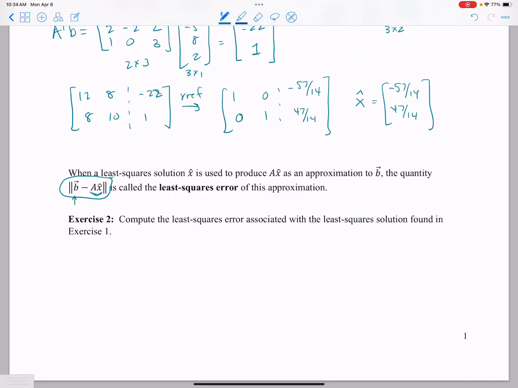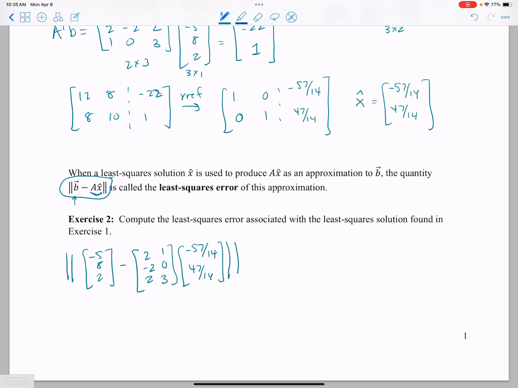Exercise 2 asks us to compute the error associated with the problem we just did. So we want to look at the norm of negative 5, 8, 2, that's your b, minus A times the x hat, the approximation.